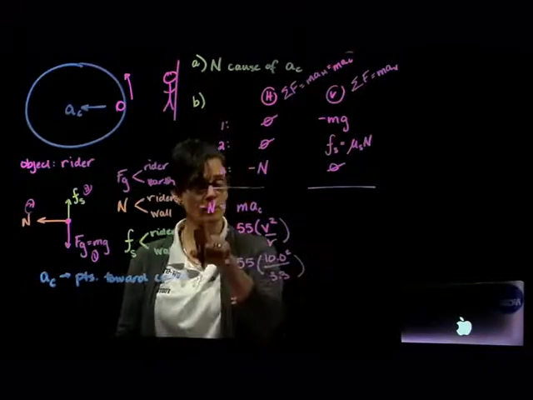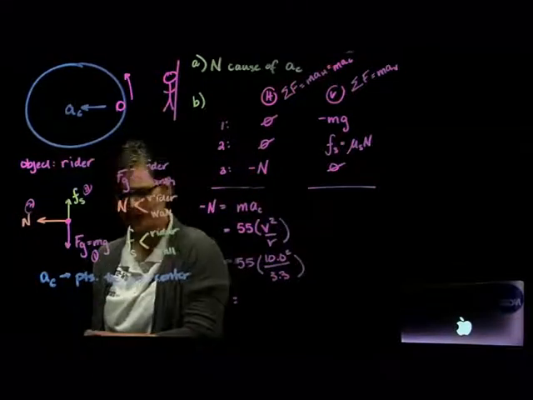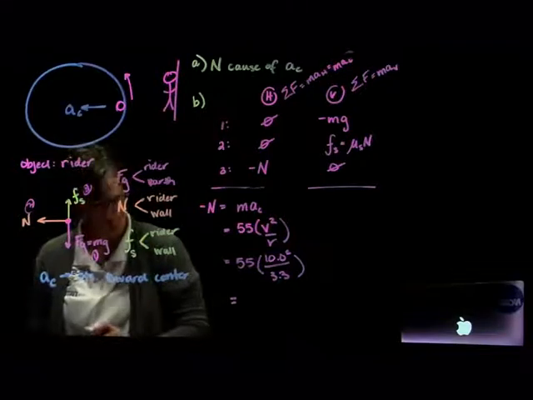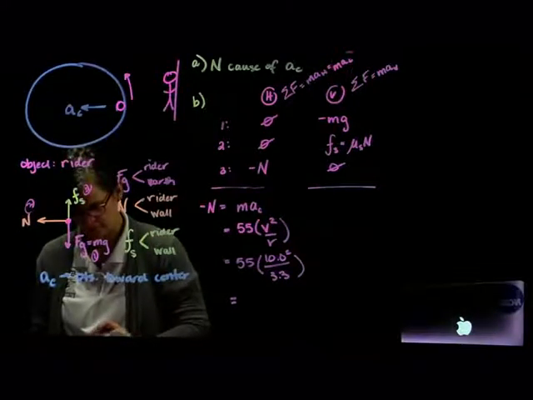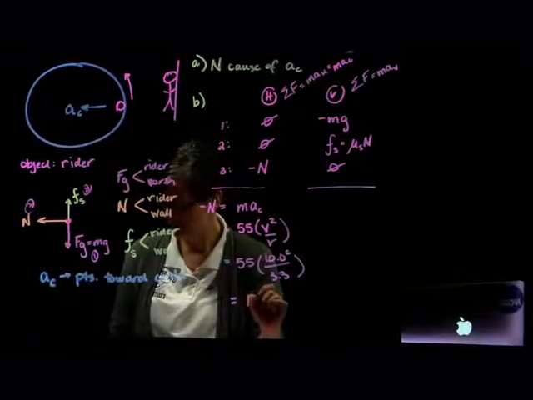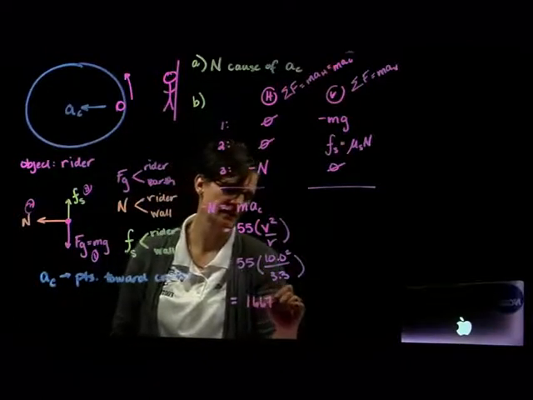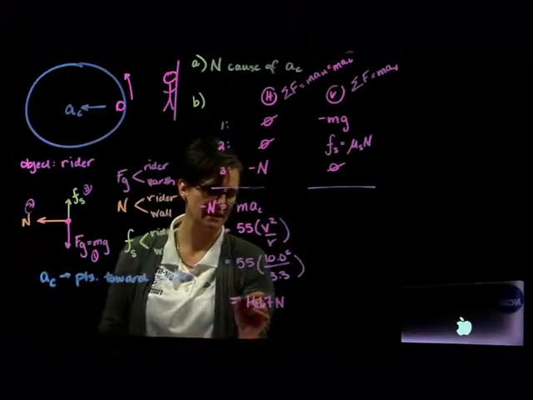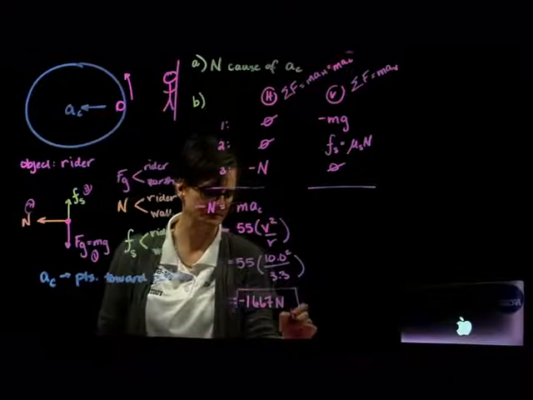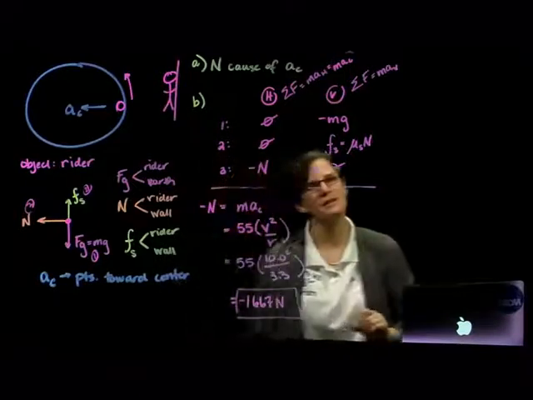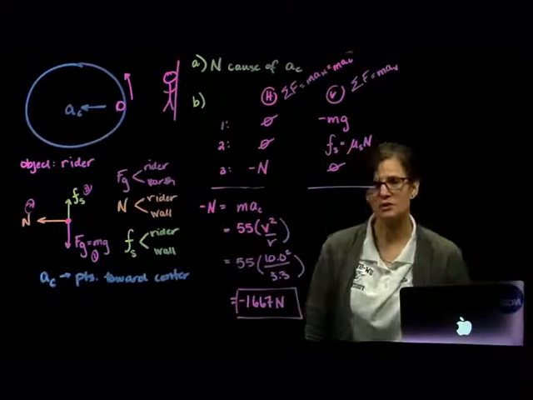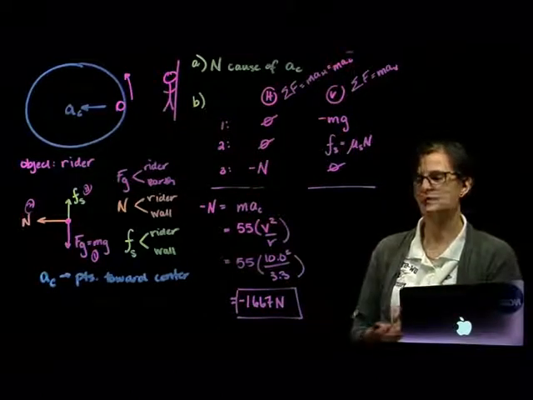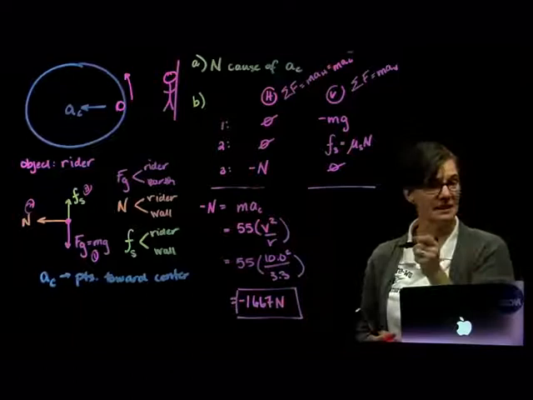So that normal force, that centripetal force, because that's the only thing acting, is 1,667 newtons, and we know it's acting in the negative direction. So the source of our circular motion, the source of our centripetal acceleration, the centripetal force, is 1,667 newtons, acting in the leftward direction.